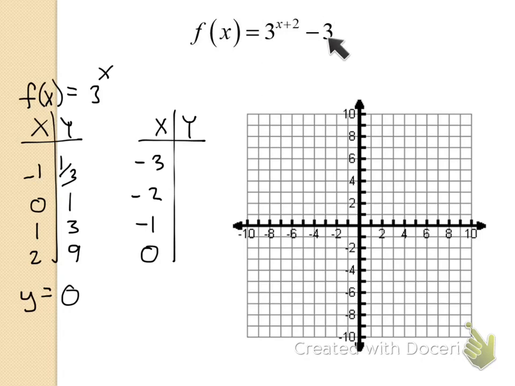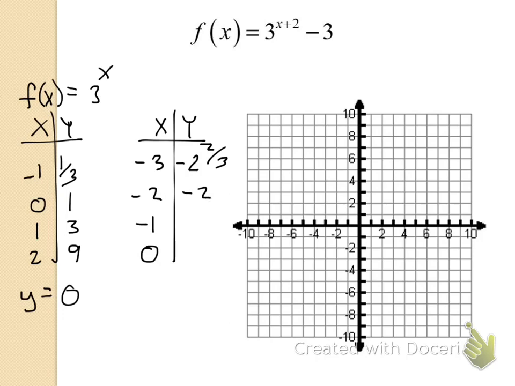Come back up here. What's this -3 here do? Shifts our y values down 3, yes? So I know the 1/3 is going to make things ugly, right? But what's 1/3 minus 3? -2 2/3. Okay. What's 1 minus 3?